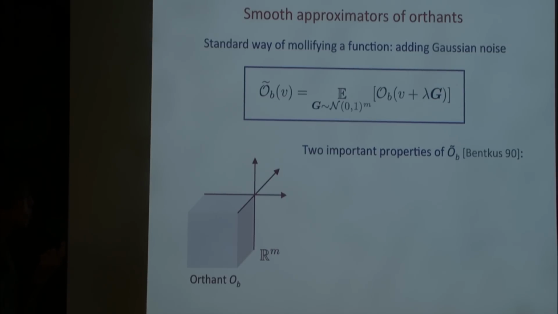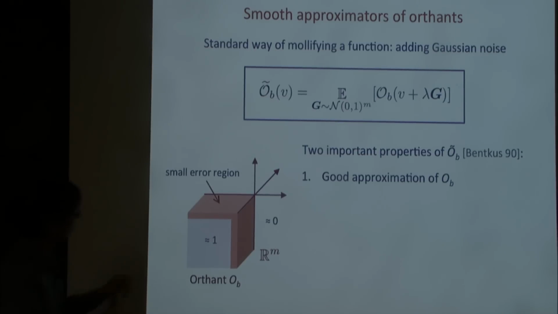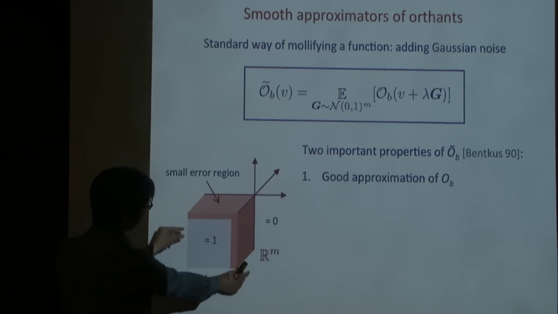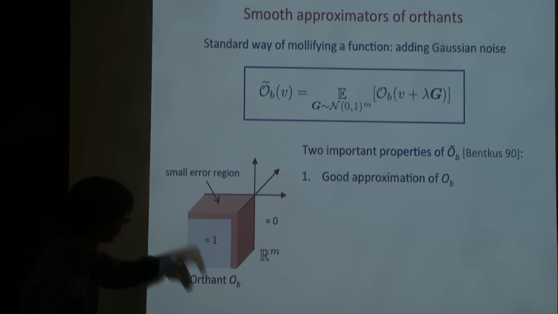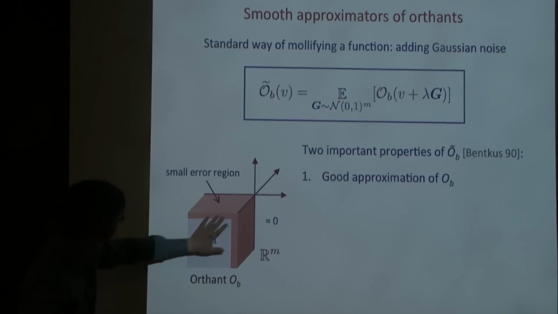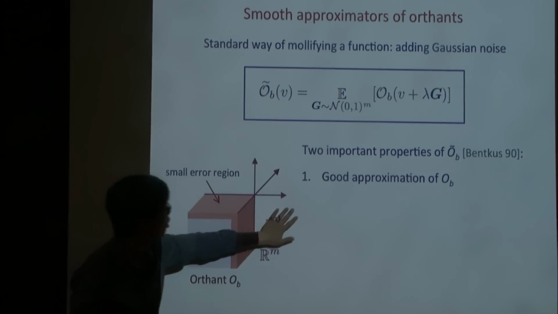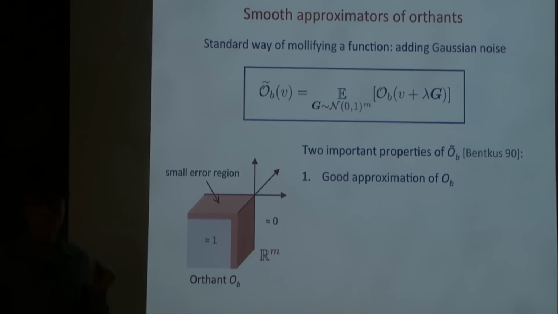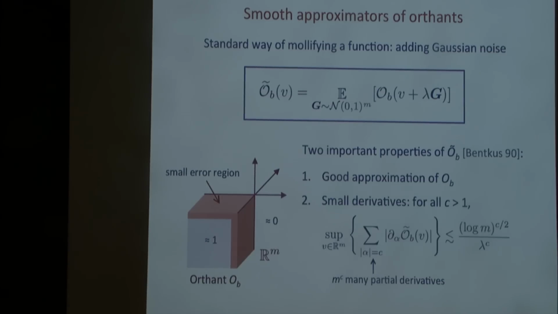Roughly speaking, we want it to look like O, so it should be a good approximator of O. What that means is that there's a small shell around the orthant where you go from 1 to 0. But inside this orthant, you should be very close to 1, and outside it, you should be very close to 0. And you go smoothly from 1 to 0 in this small error region. The smaller, the better, because the smaller it is, the better the approximator. But here's where the tension comes in.